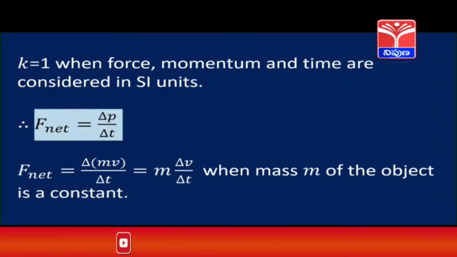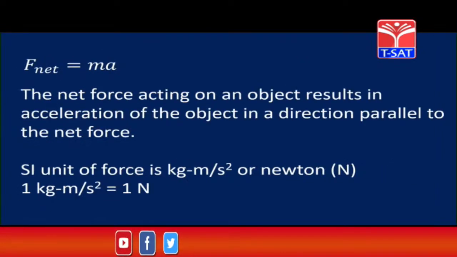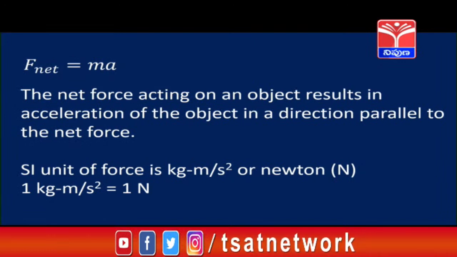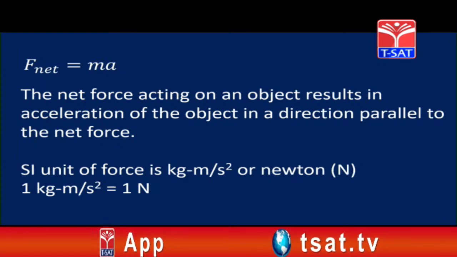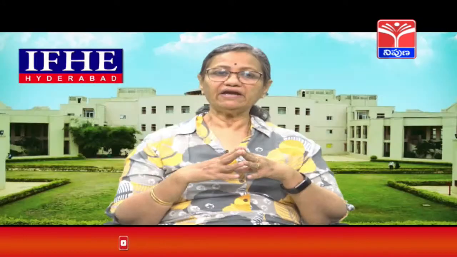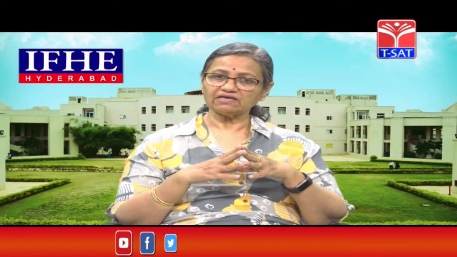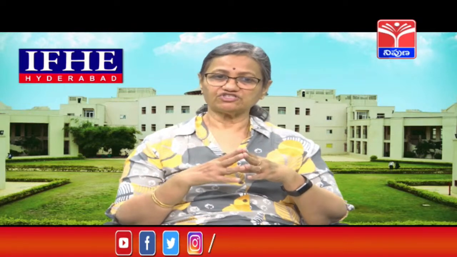And I am sure all of you know what is delta v by delta t. Rate of change of velocity with time is delta v by delta t. By definition, delta v by delta t is acceleration.